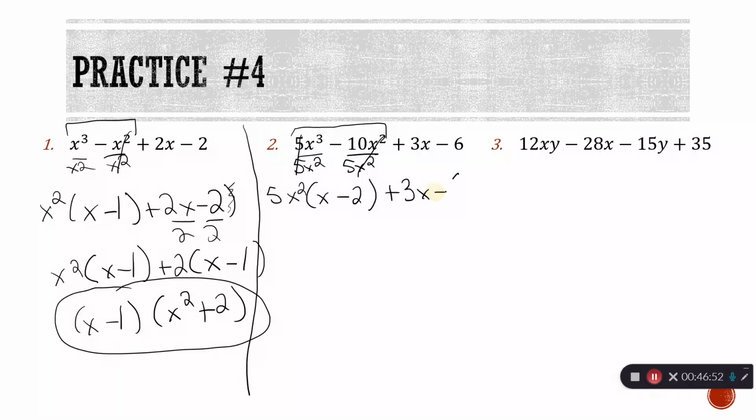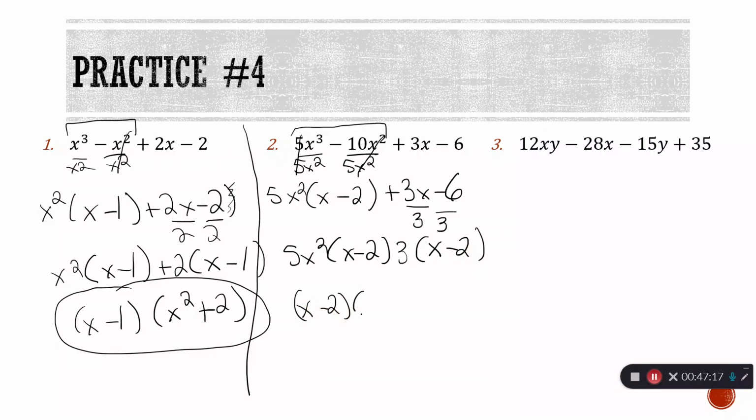Plus 3x minus 6. How do I get that to look like that? Looks like I got to divide it by 3 on both of these. So 5x squared, x minus 2. Pull out my 3. 3x divided by 3 is x, and negative 6 divided by 3 is negative 2. Perfect, they match. And 5x squared, so that's a plus 3.